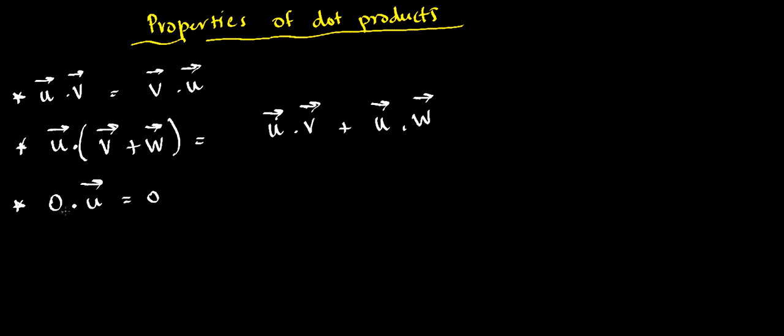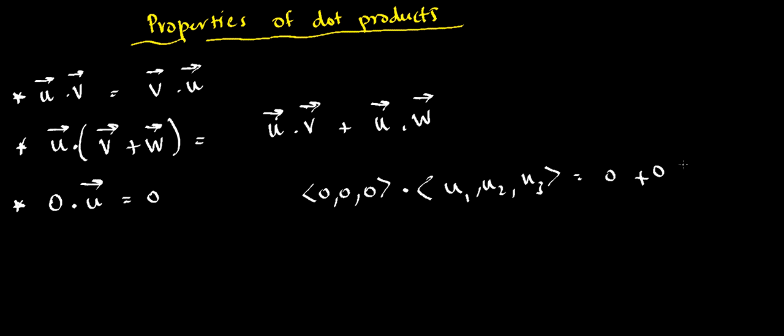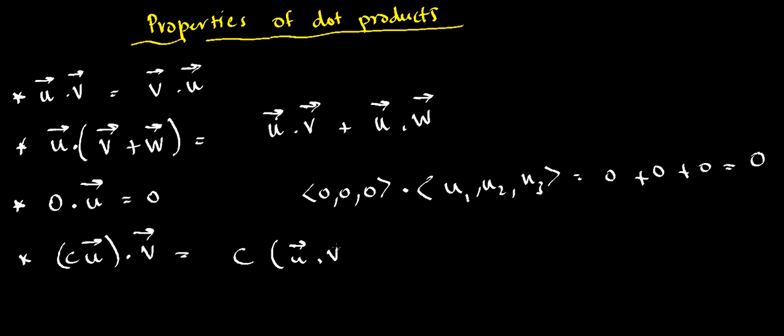And this makes sense because if we have a 0 vector, which is 0, 0, 0, dotted with any vector u1, u2, u3, you get 0 times u1, which is 0, plus 0 times u2, which is 0, plus 0 times u3, which is 0. So eventually you get 0. If you have a scalar times a vector dotted with another vector, you can just take the scalar out. So this could be c times u dot v.